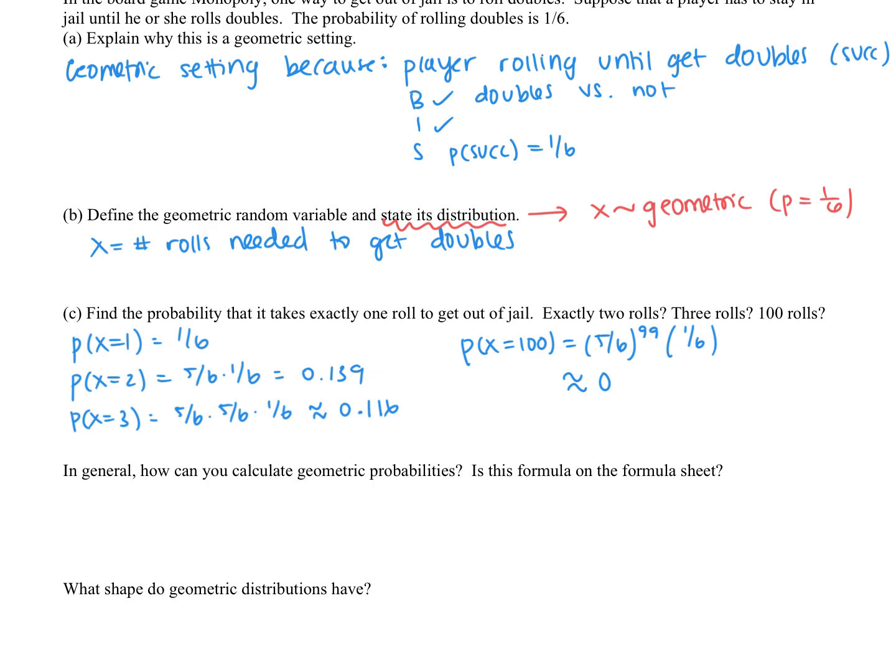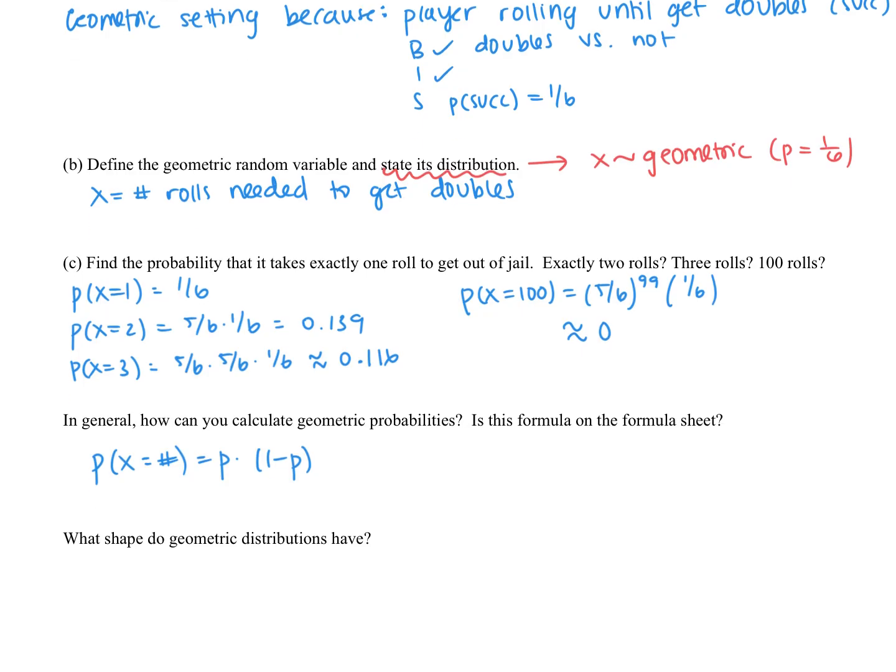So in general, how do we calculate geometric probabilities? This is on the formula sheet. The probability of x being equal to some number n: we have 1 success, so that's that 1/6, and 1 minus p is all of our failures, so that would be to the n minus 1.